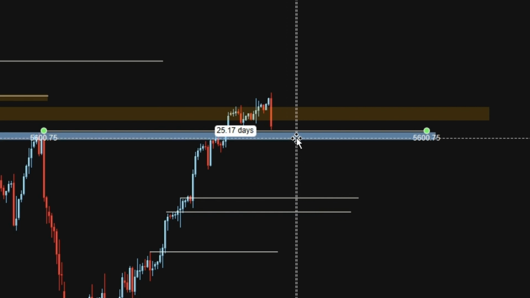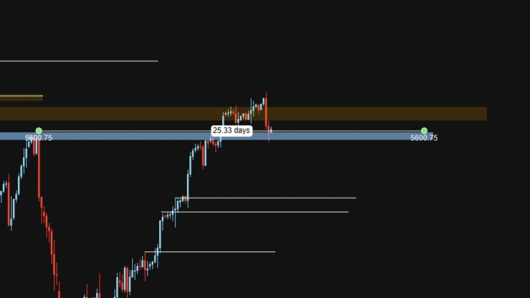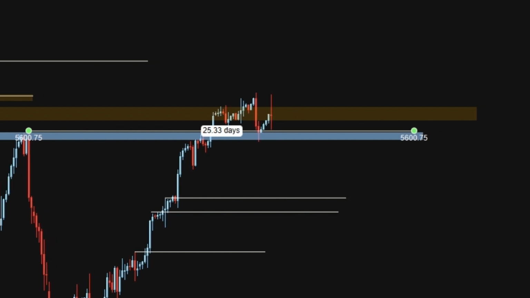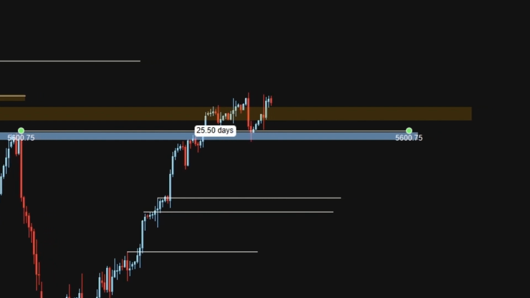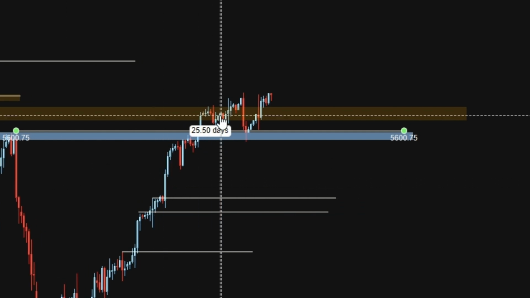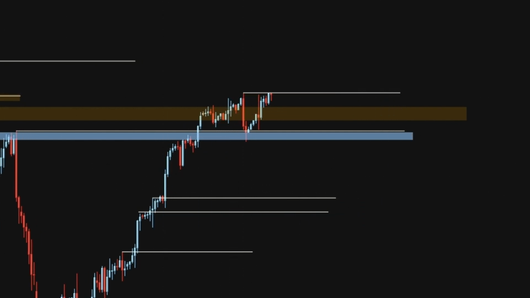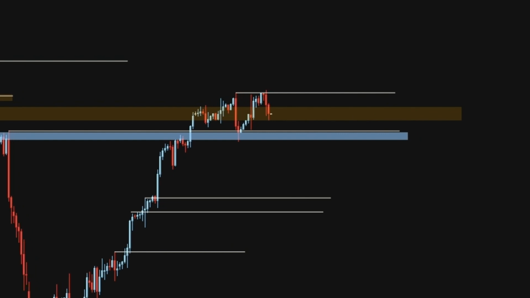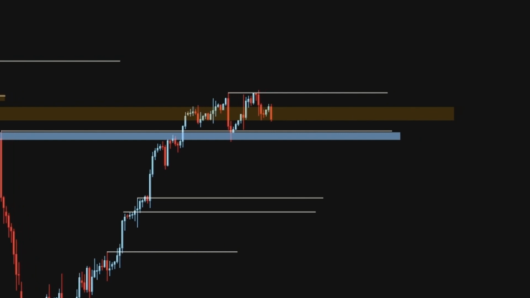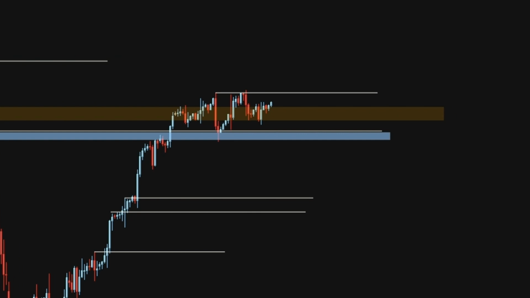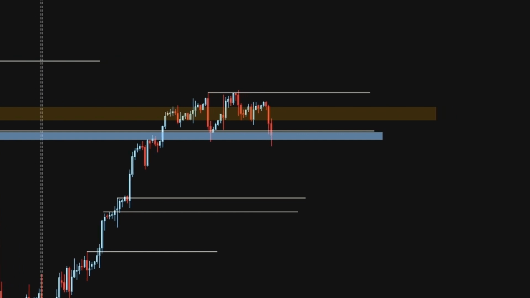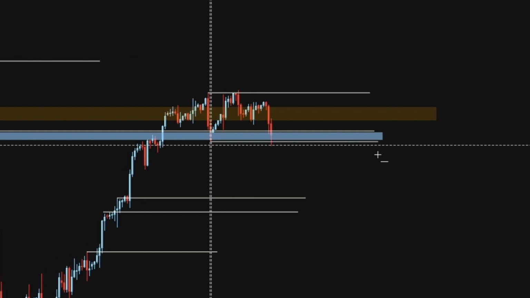Will this volume imbalance act as support? We shall see. Sort of acting as support, right? Are we gonna displace above this structure? No displacement. It took it, but no displacement. Are we gonna displace below it?